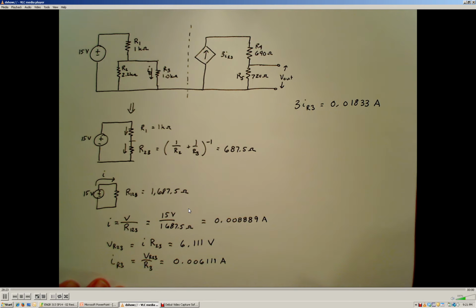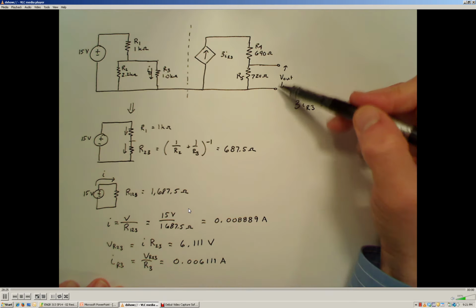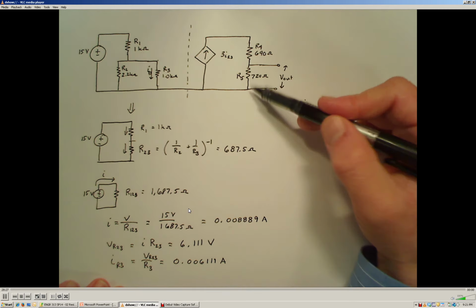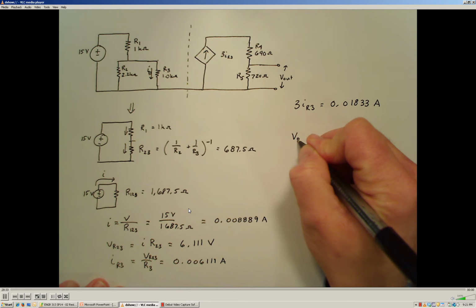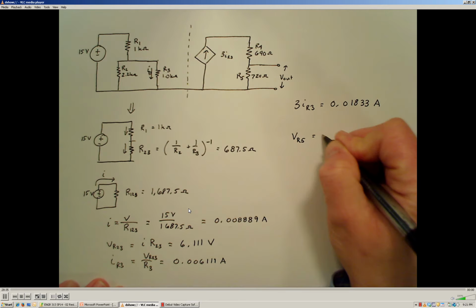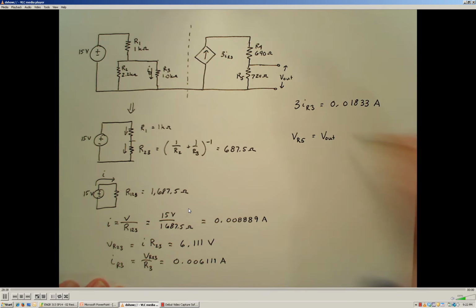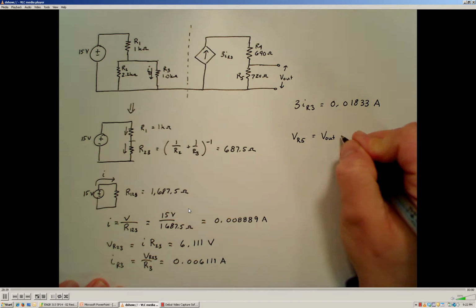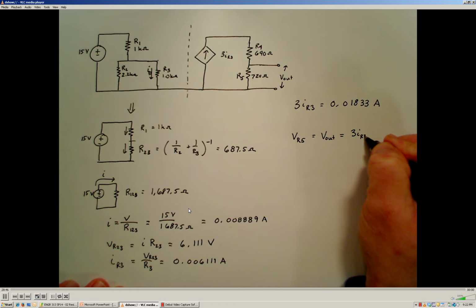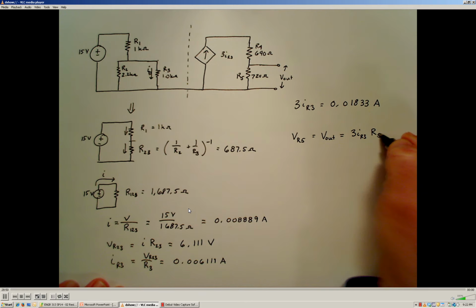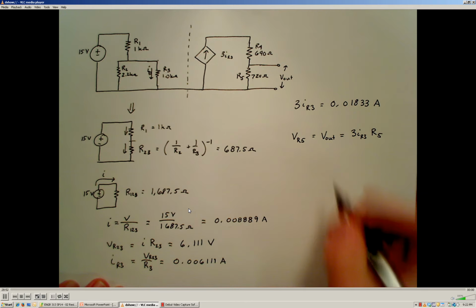Now, in order to calculate the potential difference developed across resistor R5, we employ Ohm's law yet again. We can determine that the voltage across resistor R5, which is the same thing as the output voltage we are looking for, is given by this current value, 3 times I_R3, multiplied by the resistance of resistor R5.